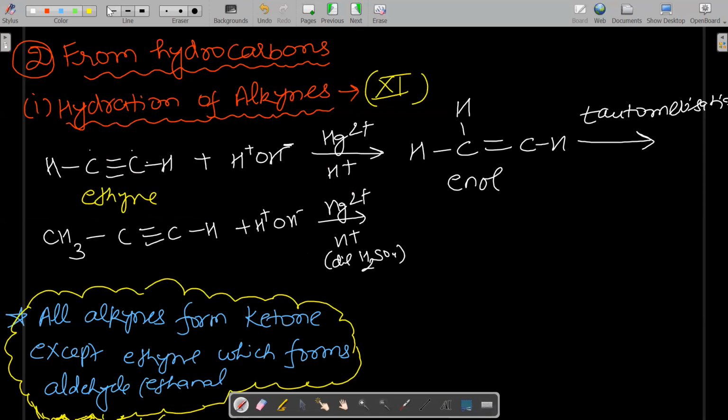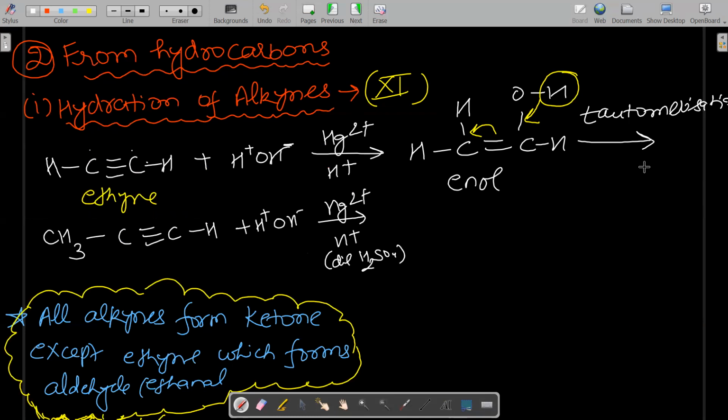In this, this OH bond shifts over here along with hydrogen, and this pi bond shifts over here. So the hydrogen finally shifts to the CH2 carbon.